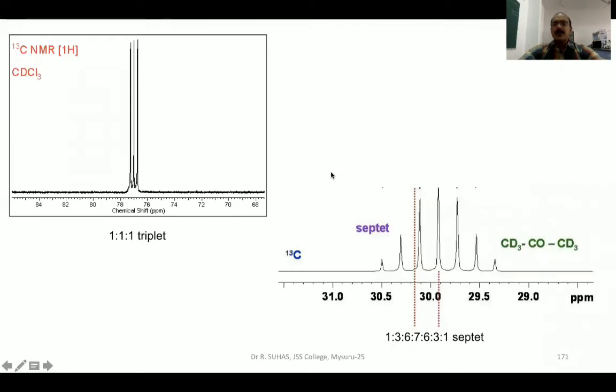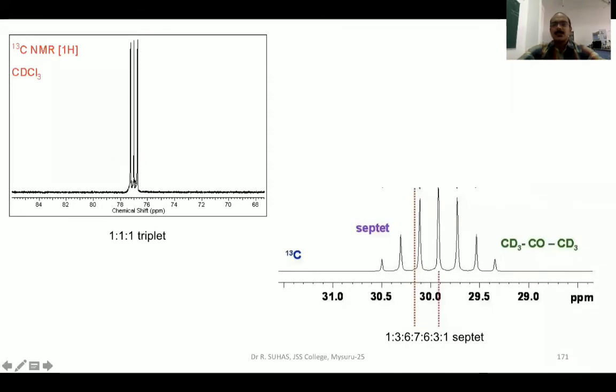So these are the solvent peaks. Solvent will also give peaks here because solvents will have carbon and that carbon will also show the multiplicity. Because of the multiplicity, you will see the solvent peaks in the C13 NMR spectrum. That you should not get confused with the peaks that you are going to get for the sample. So before you use C13 NMR for the identification of organic compounds, you should have the knowledge of solvent peaks that arise in the C13 NMR spectrum.